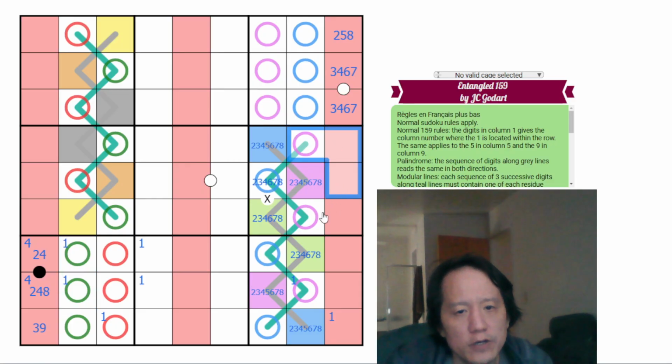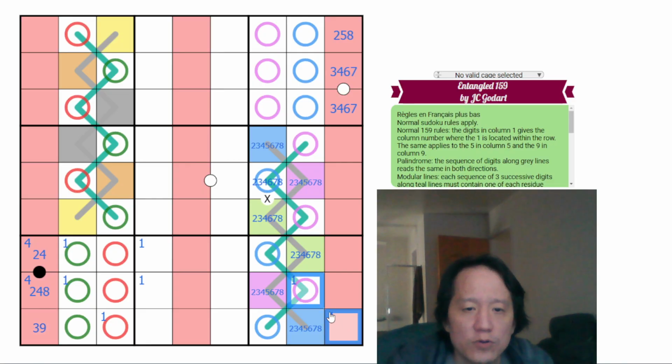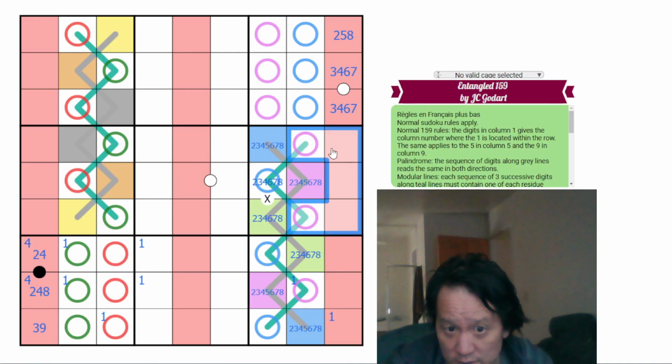So the 1 can be, this can't be 1, this can't be 1, right? If this is 1, this would have to be 7, which doesn't work. If this is 1, this would have to be 7, which doesn't work. So we know the 1 is one of these 2. We also know the 1 has to be one of these 5.